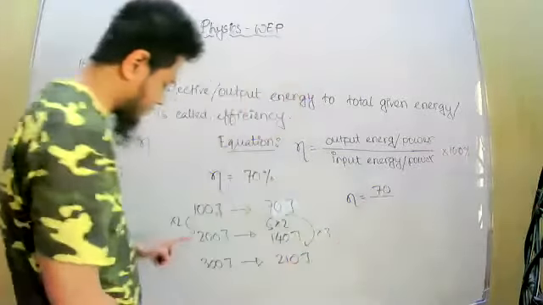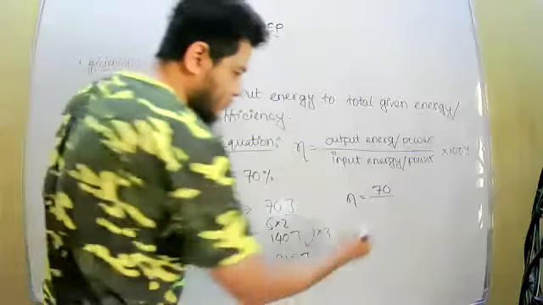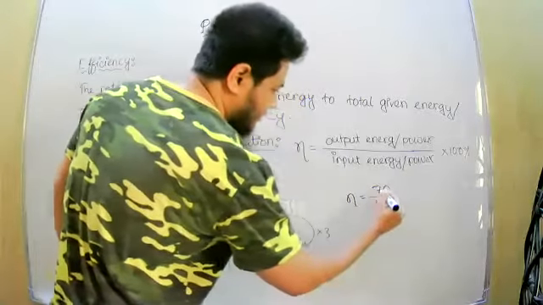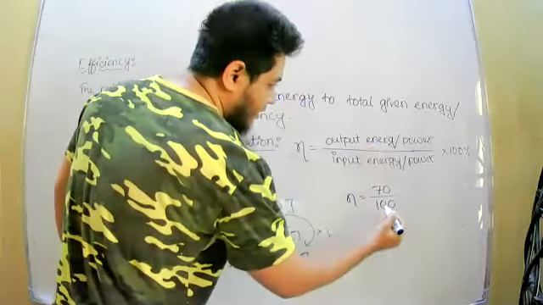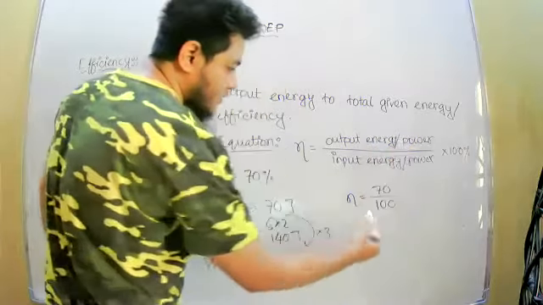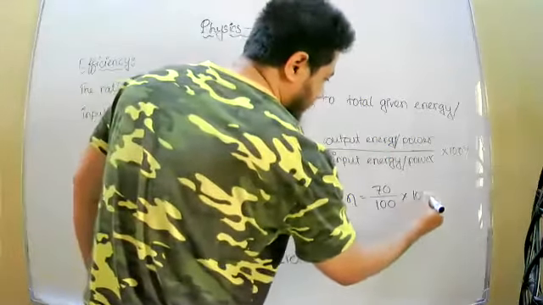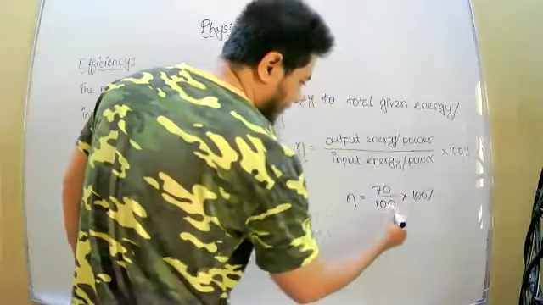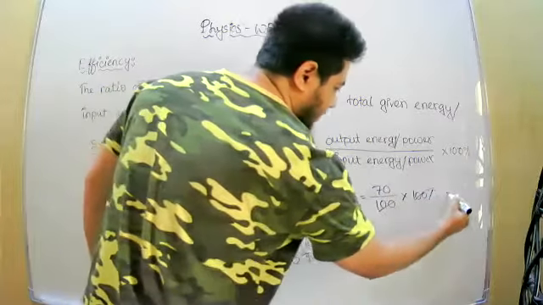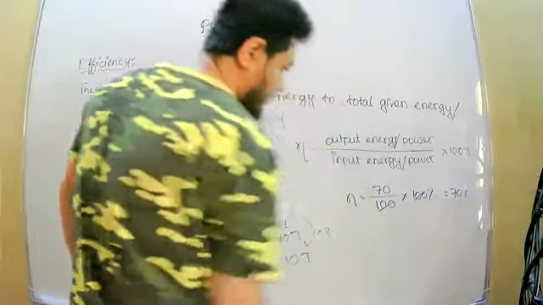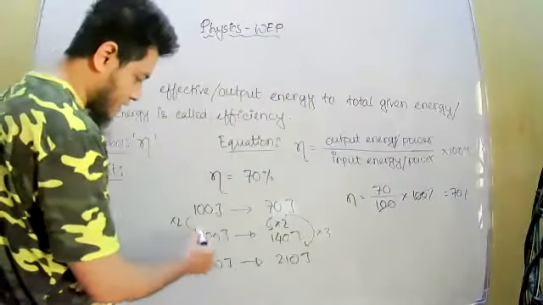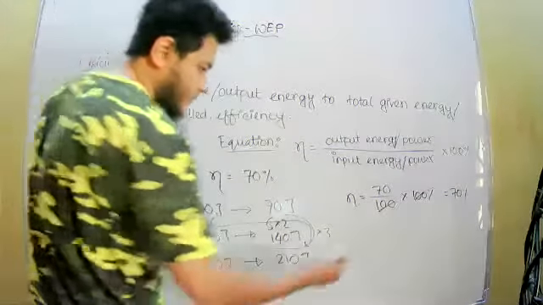For the first case, when you give 100 joule and got 70 joule back, that means output energy 70 joule divided by input energy 100 joule into 100%. So 100 and 100 will get cancelled, 70 and percent. So it is 70%. Now let us check the second case.